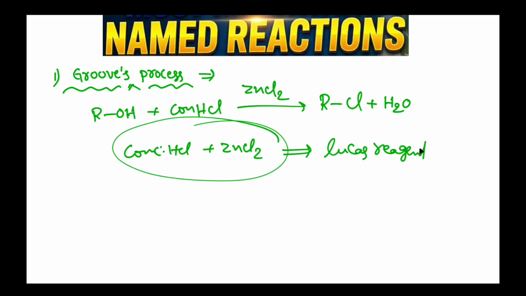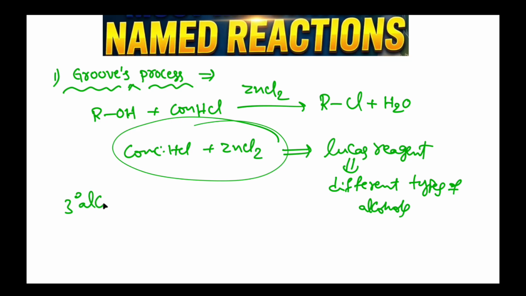This Lucas reagent is used to identify different types of alcohols. Tertiary alcohol with Lucas reagent immediately gives turbidity.